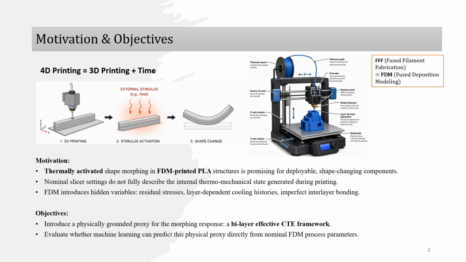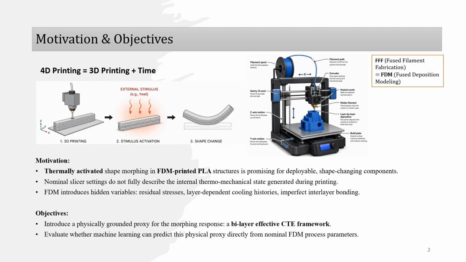Before presenting the motivation, I would like to briefly clarify two terms used in this presentation. First, 4D printing refers to 3D printed structures that are designed to change shape over time when exposed to an external stimulus. In this work, the external stimulus is thermal activation, and the response is the morphing of PLA beams.